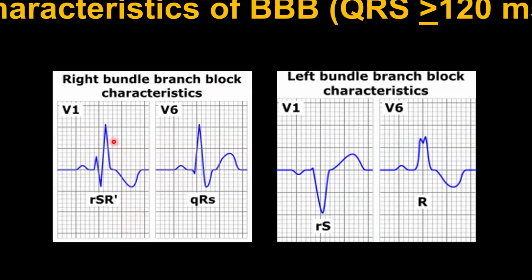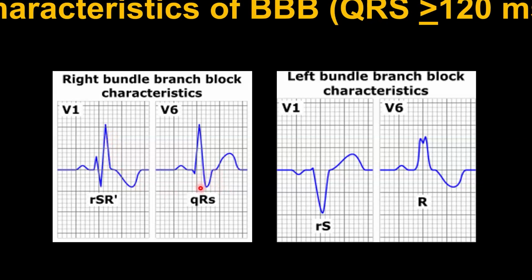So for right bundle branch block, if you look in V1, which is located on the right side of the sternum, you see that there's an initial R wave, then followed by an S wave, and then a secondary R wave called R prime. This is the abnormal deflection, and it's headed toward the right.